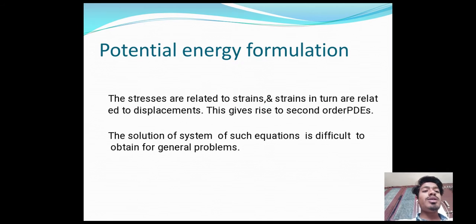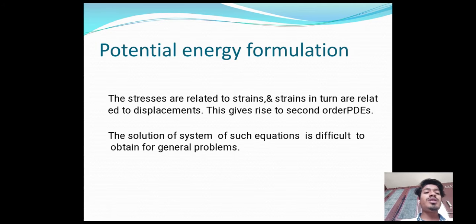Now we go to the formulation of potential energy. The stresses are related to strains, and strains in turn are related to displacement. This gives rise to second order partial differential equations.